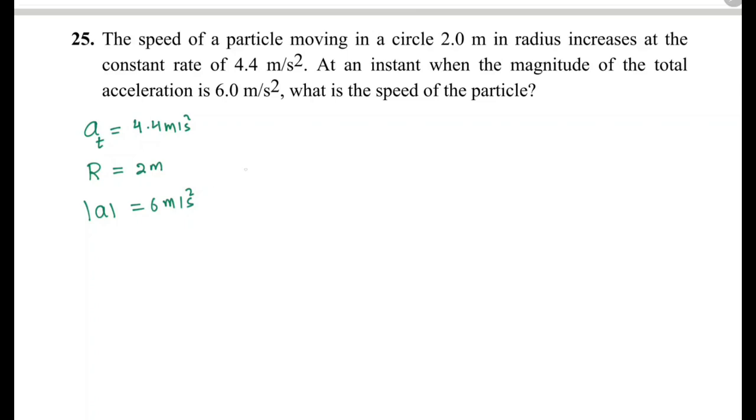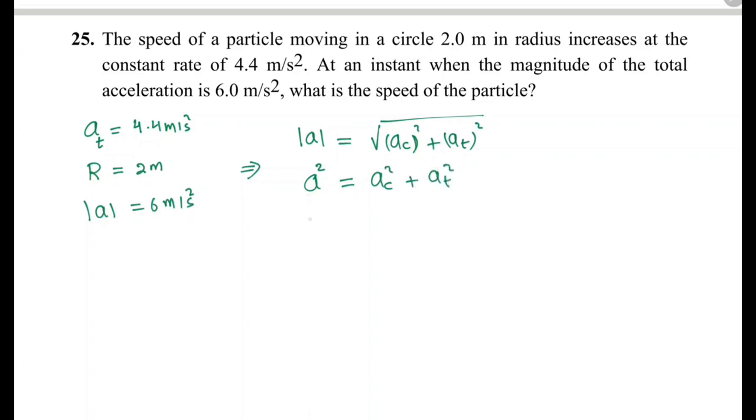In this case, the magnitude of the acceleration is equal to the square root of A central squared plus A tangent squared. When you square both sides of the equation, you get A squared equal to A central squared plus A tangent squared.